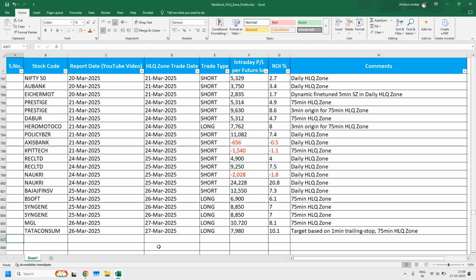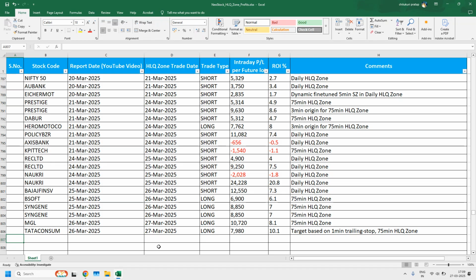Once you get experience, you can do any kind of thing. You can even play the last 1 minute, the 3:29 candle also, because you are already experienced. Even if something goes wrong, you will be in a position to handle things, and you won't get disturbed.